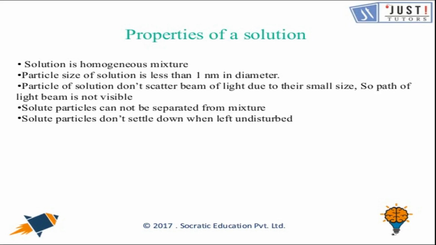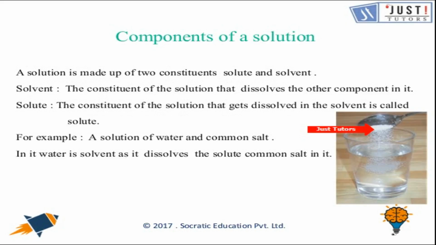And one more thing, solute particles cannot be separated from the mixture. And last but not the least, solute particles don't settle down when left undisturbed. So let's say this is the sugar solution. After stirring it, when it is dissolved in the water, the sugar will not settle down in the water.